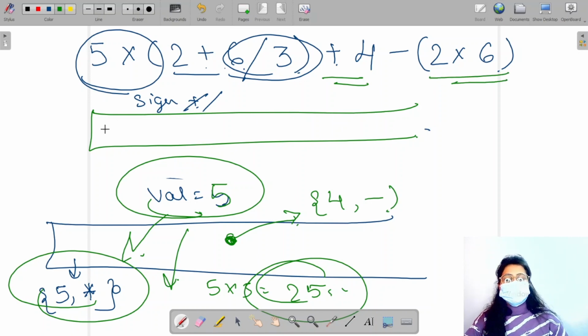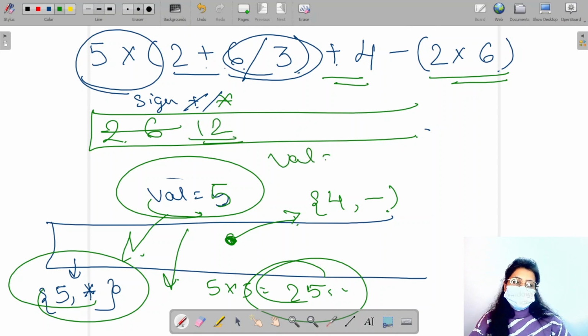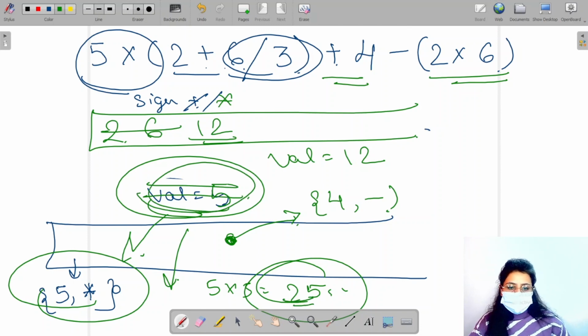Then this came for the parenthesis one, and this stack will have 2 multiply sign and 6, which will give 12, right? This gets stored in the value val 12, and this was sorted and gave 25.